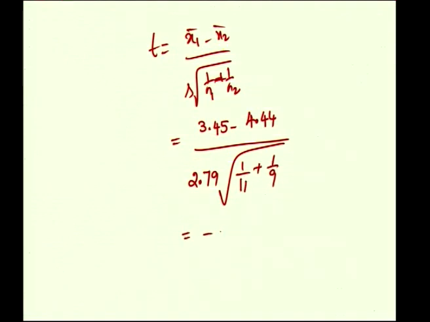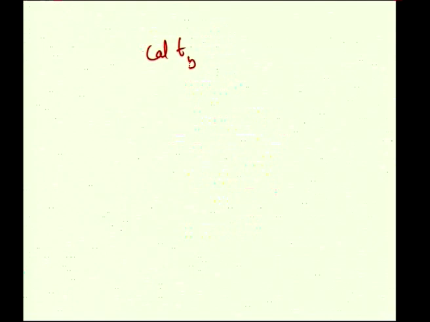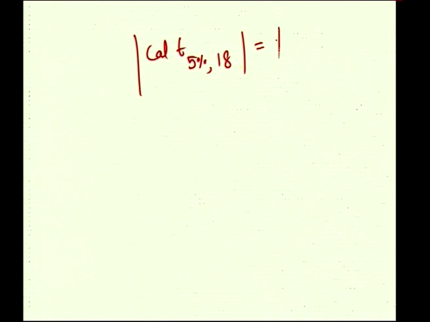This value is 0.789. Therefore, calculated T at 5%, 18 degrees of freedom, we just found out as minus 0.78. So, within modulus, this is 0.789.